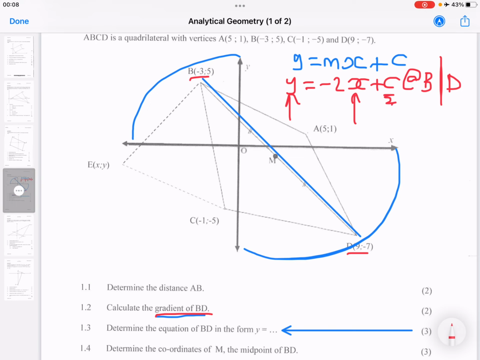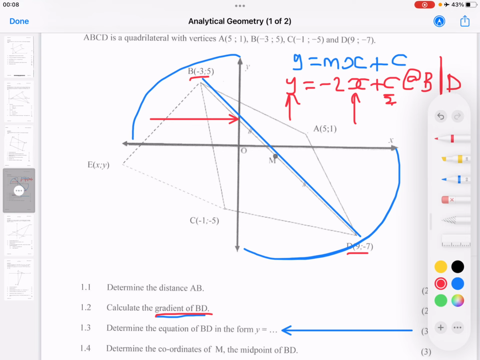Most importantly, your c value has to be a positive value because that line cuts the y axis on the positive side. The moment you get a negative c value, then you suspect something went wrong in your calculations. So very, very much important, ladies and gentlemen, on that one.